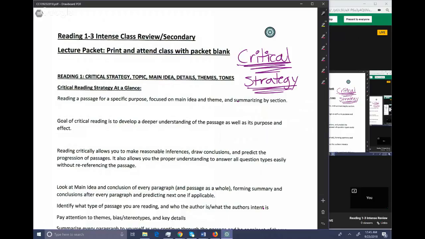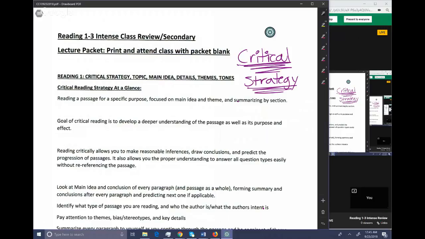And that's the key. I get a lot of pushback on critical strategy, just as a reiteration, in case you're wondering what I'm talking about. That's where we read the intro paragraph, we identify the topic and the main idea, and then we do the focus for each of the paragraphs thereafter, and we build the passage as we go.